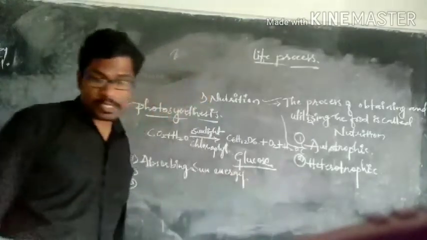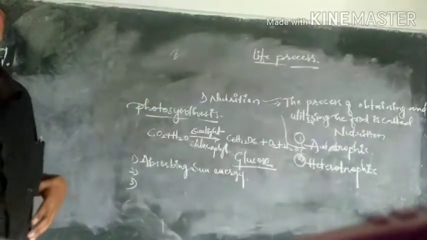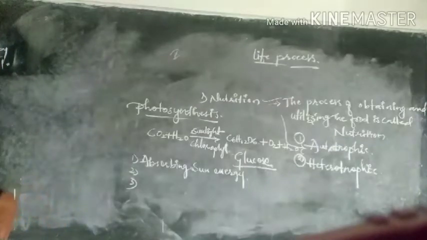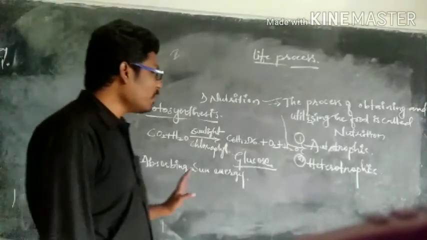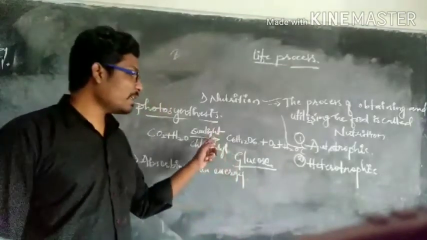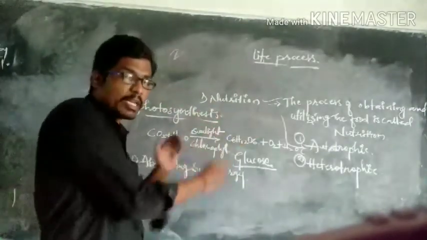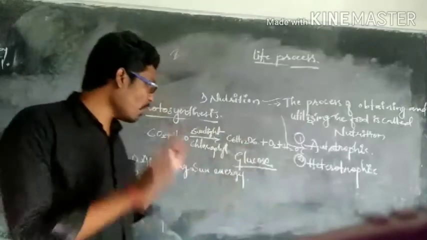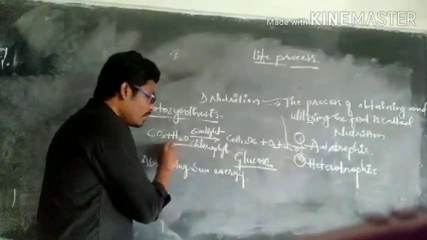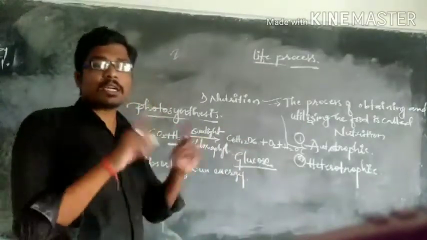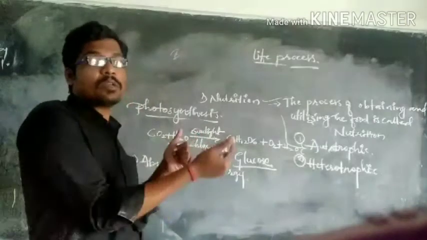And the second thing that is happening, conversion of light energy into chemical energy and splitting of water molecules into hydrogen and oxygen. So the second thing, conversion of light energy into chemical energy. यहाँ पे light energy है, इसको ये plant chemical energy में convert करता है, और water molecule को ऑक्सीजन और हाइड्रोक्सिल के बीच में convert करता है.